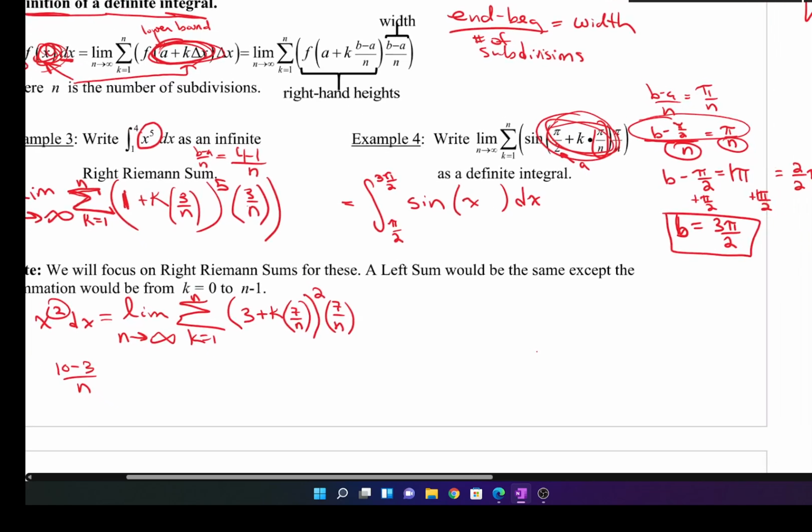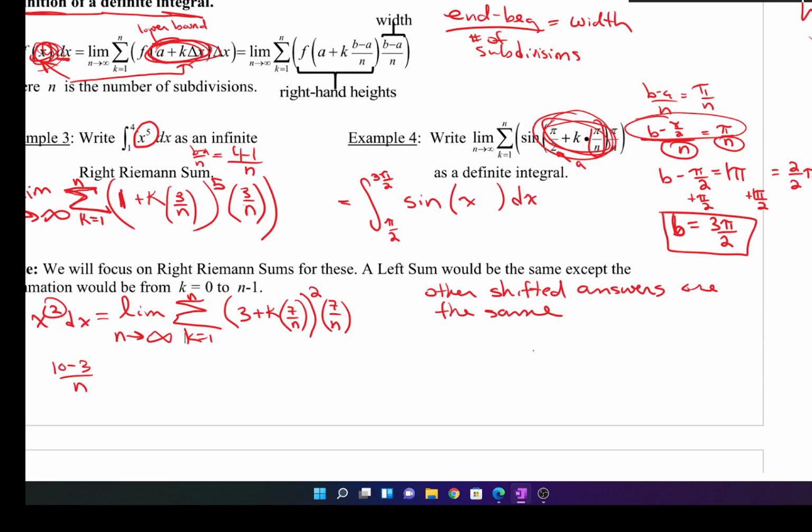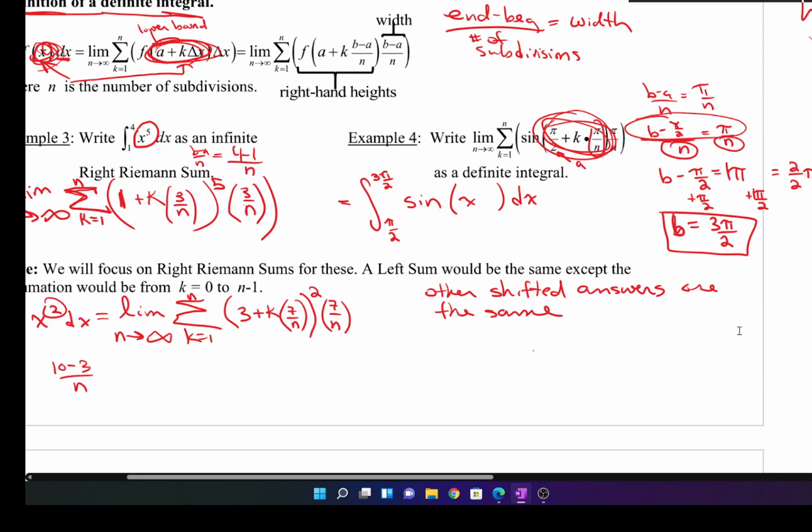Now, here's what his note says. It says, other shifted answers are the same. And he had one. Let's see if I can find it again. Hold on. Oh, yeah, he had one, and it was this guy right here.